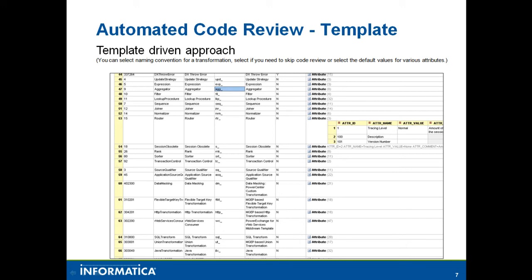In this case, we're looking at the aggregator and we say AGG underscore is the prefix that we want to use for our transformation. So you can change this configuration file if you have a different naming convention at your location. Similarly, you have an option of disabling code review for any given transformation, whether it's a workflow, session, or transformation.